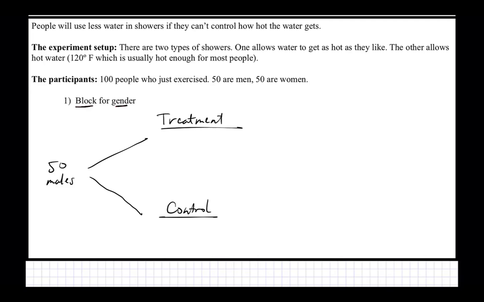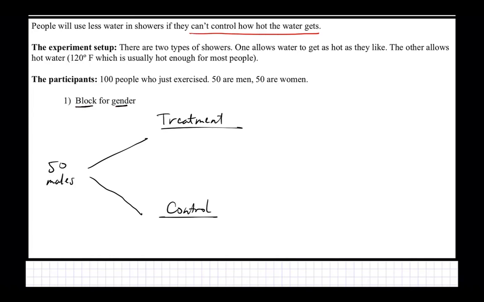Yes, it does, because we're going to have to explain it later. So what's the question? People will use less water in showers if they can't control how hot it gets. So which one's going to be the treatment? Does anyone else say anything else? You guys say the exact same thing? There you go. Okay.